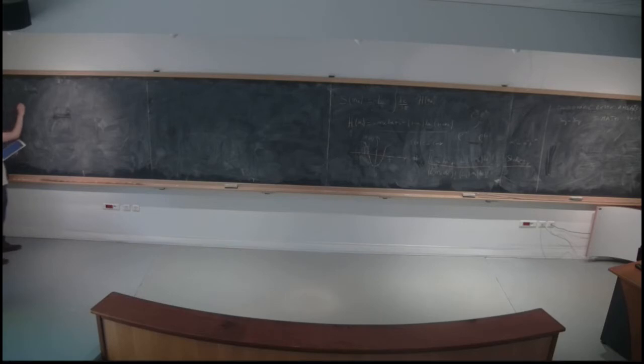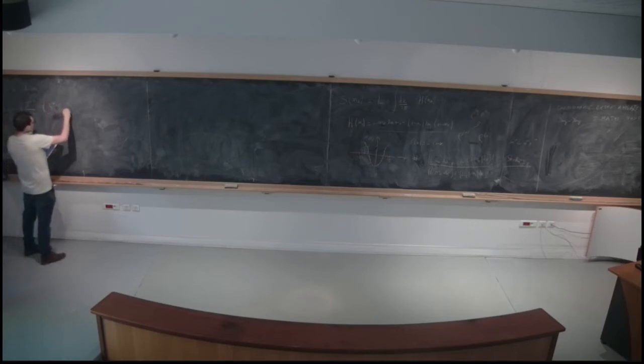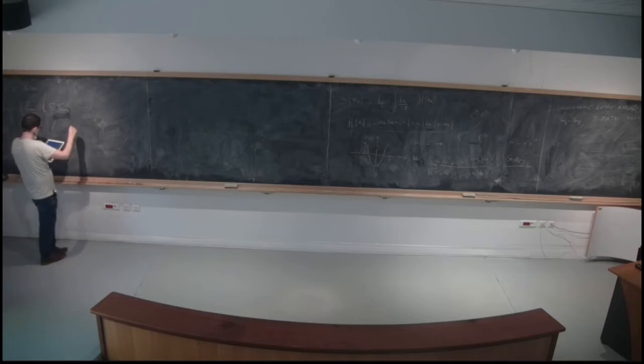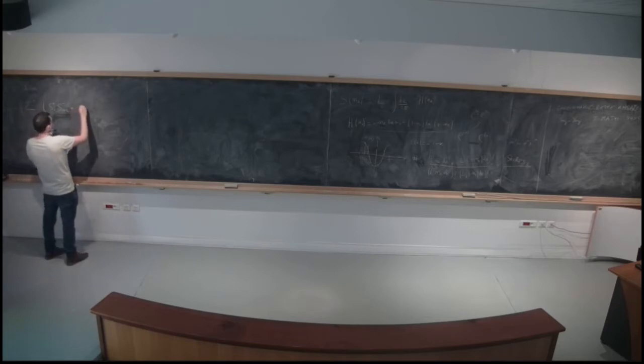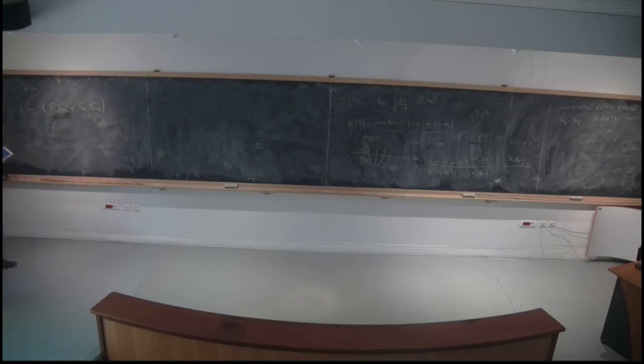Minus 1/2 sum over i from 1 to L of sigma i plus sigma i plus 1 minus plus sigma i minus sigma i plus 1 plus. And these sigma plus and minus are the spin raising and lowering operators.